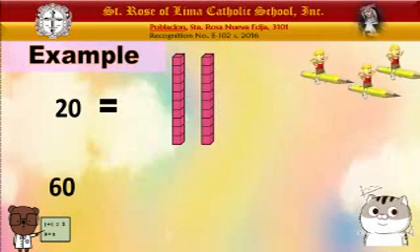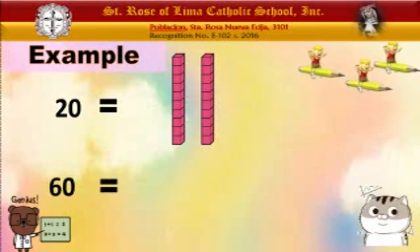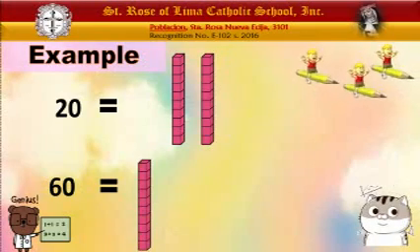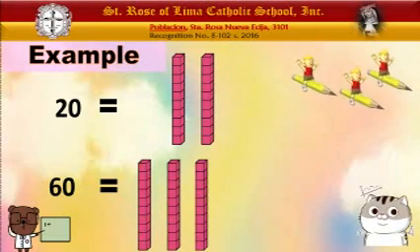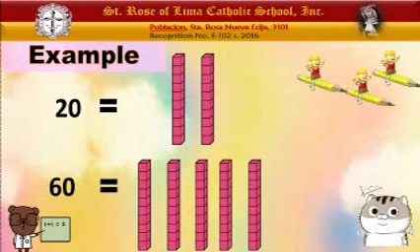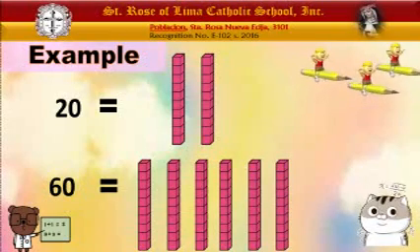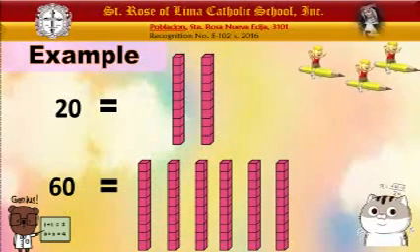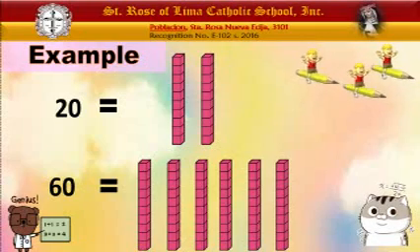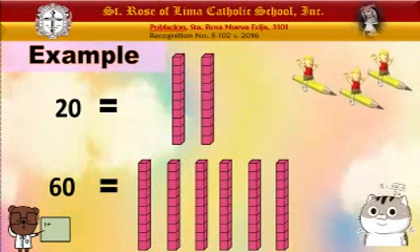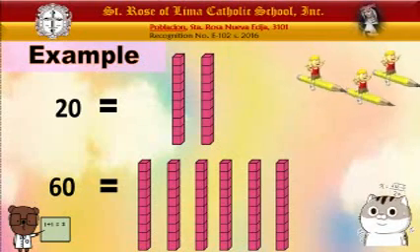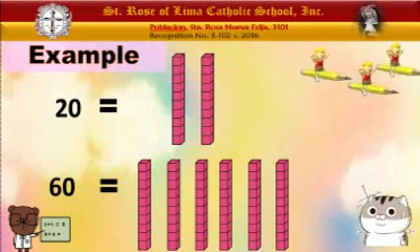What if we have number 60? How many longs do we need? So we need 1, 2, 3, 4, 5, 6. Very good. We need 6 longs to represent number 60. So that is how we represent two-digit numbers using long.